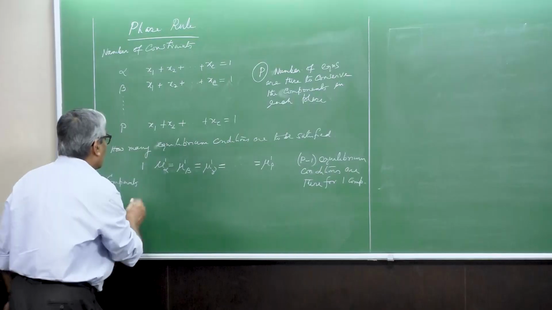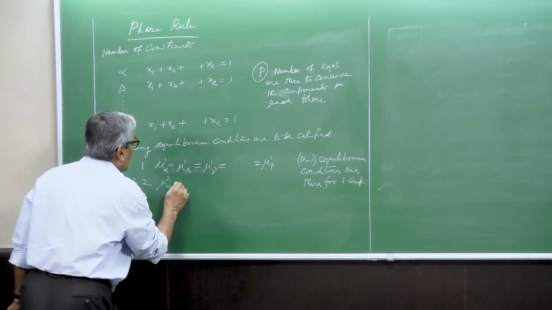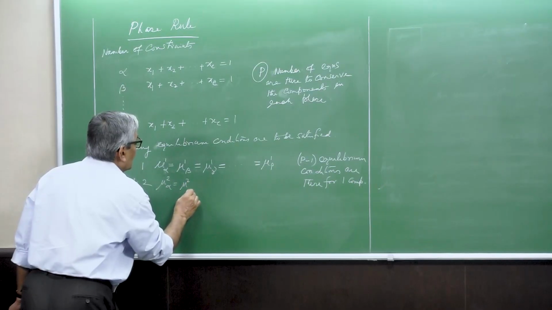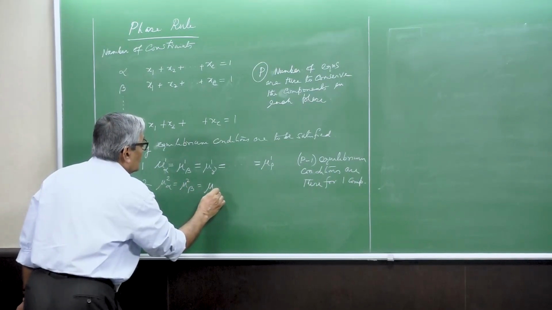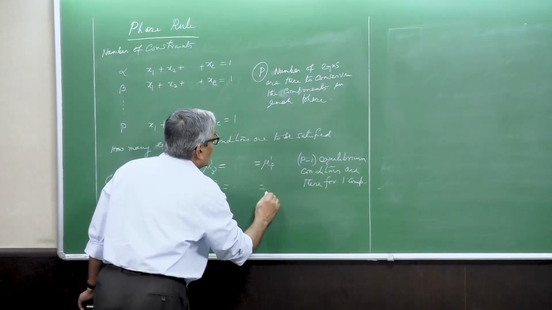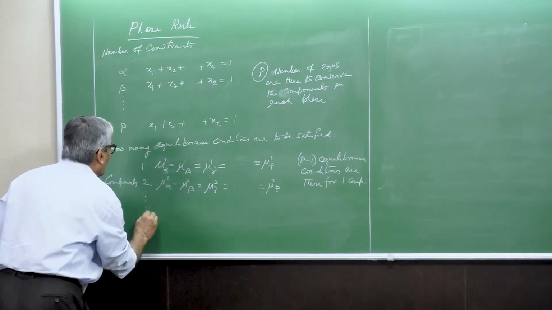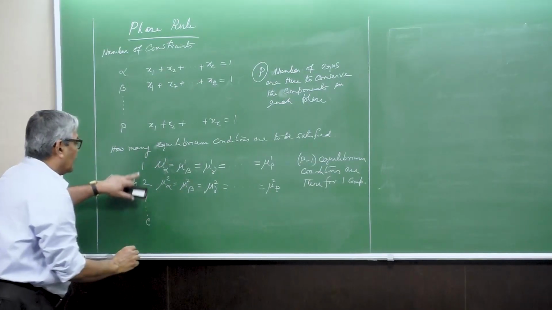So you have component 2 in exactly the same way, that is mu2 alpha equal to mu2 beta equal to mu2 gamma equal to, you go up to mu2 P. In this way you go up to C number of components.